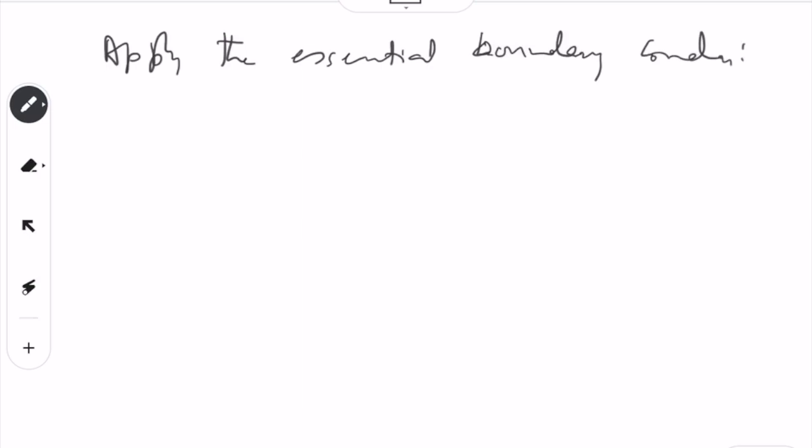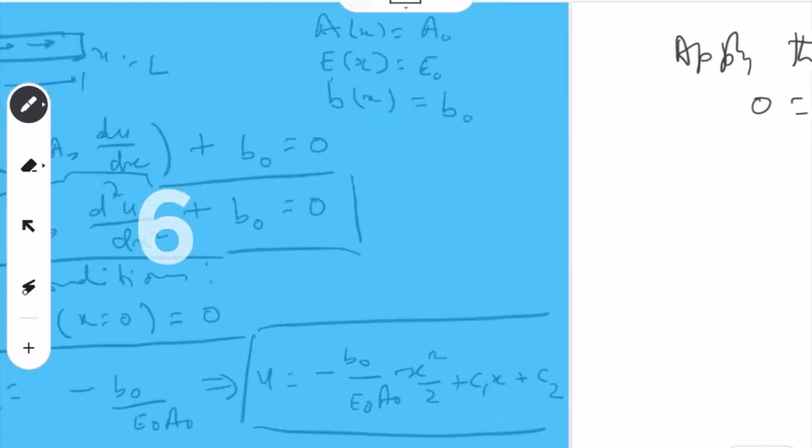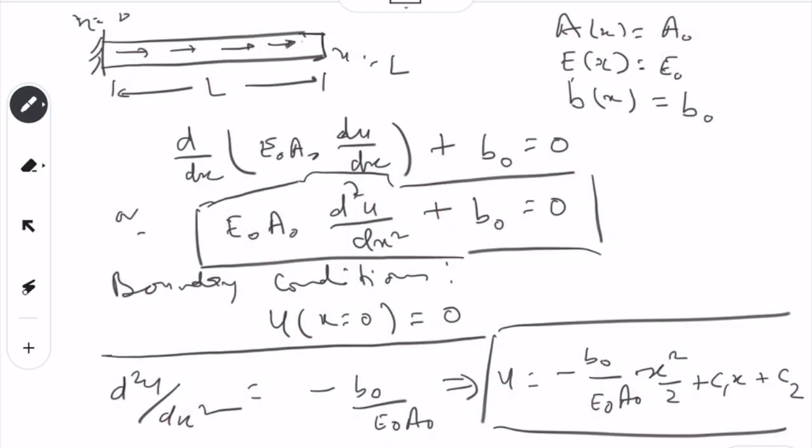What we get is 0 equal to C2, or basically C2 equal to 0. So, in this equation we have C2 equal to 0, and the rest is like this one.